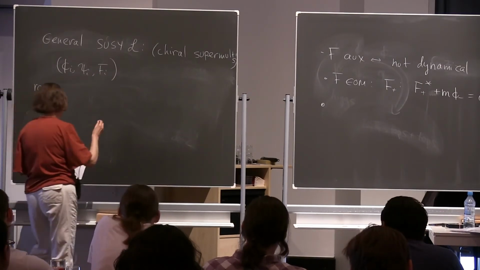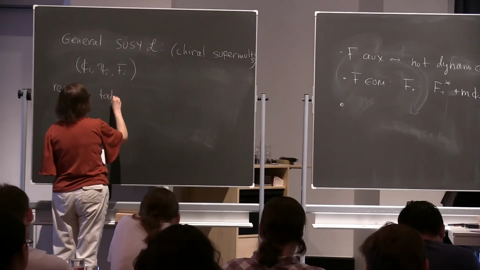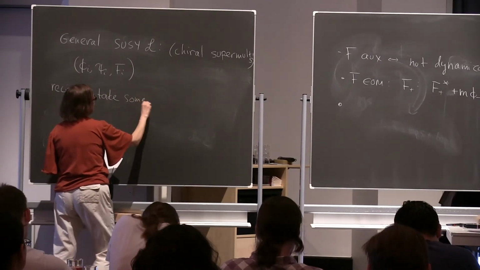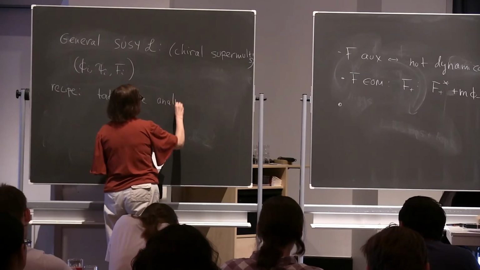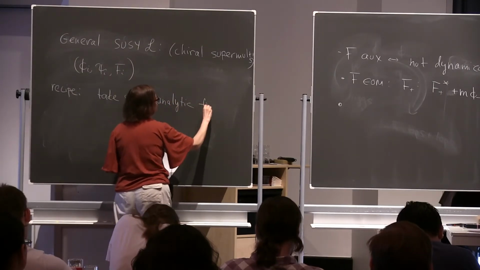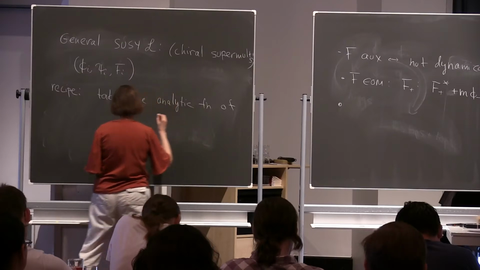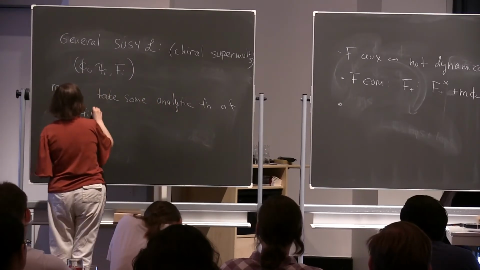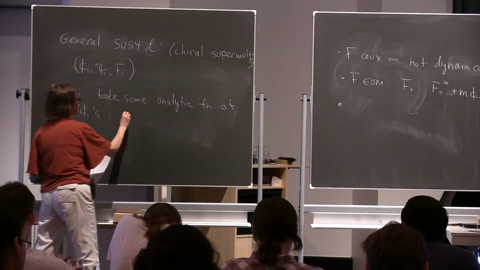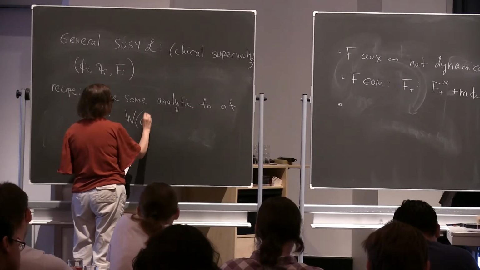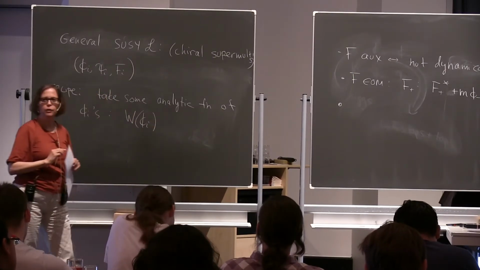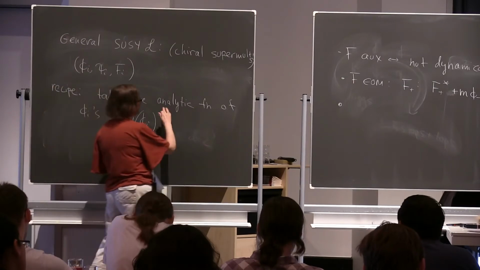You should take some analytic function of the phi i's. We're going to call that function W. So W is a function of the phi i's. What does it mean that it's analytic?